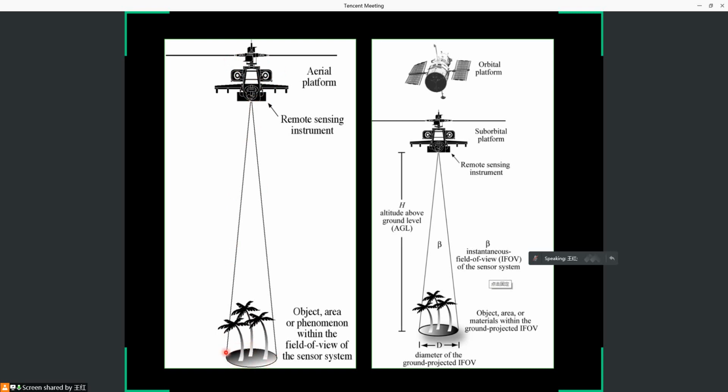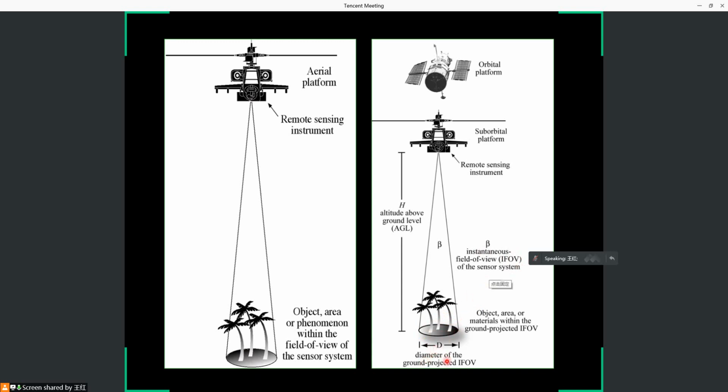This area we call the field of view, or the instantaneous field of view, simply IFOV.